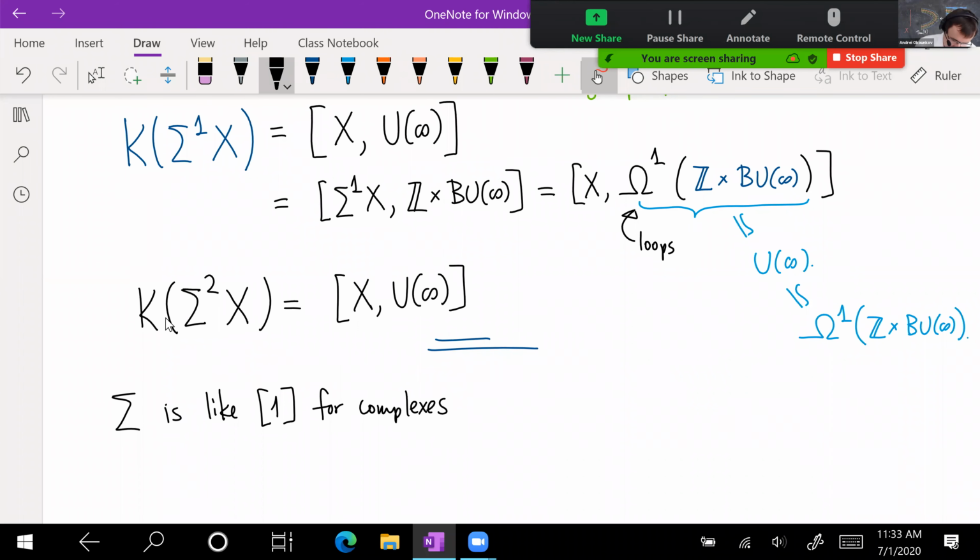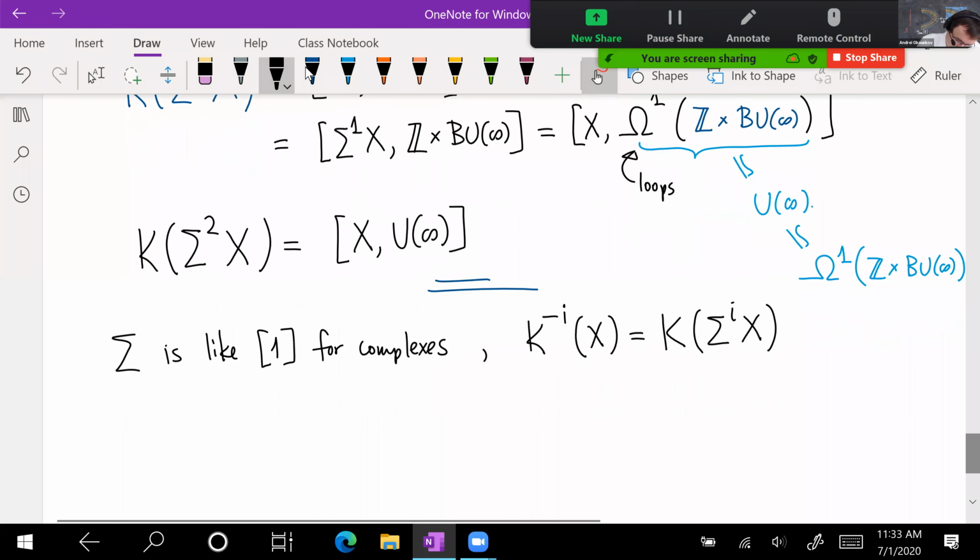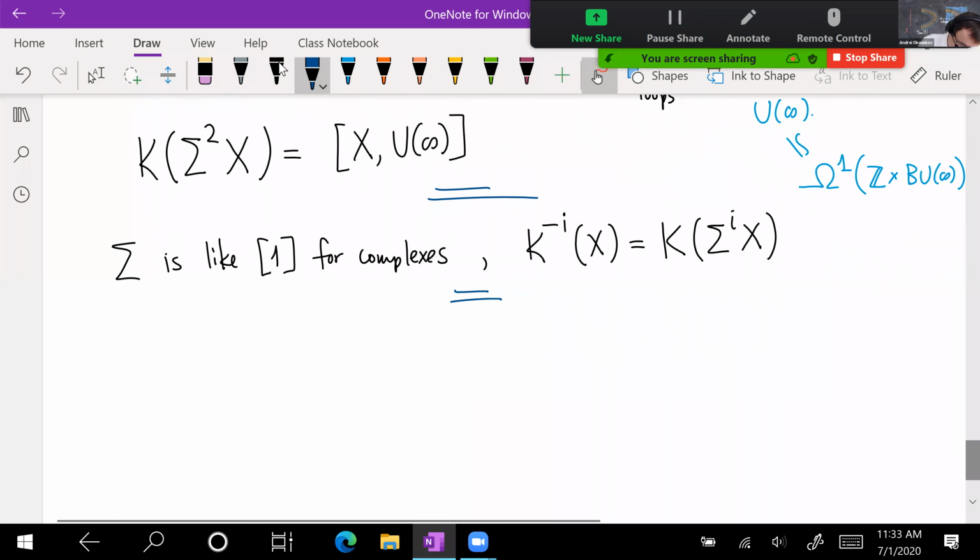And so this means you usually define K, because some cohomology theories are, this is the way the shift goes, K minus i of X, that is the ordinary K zero of the i-fold suspension of X. And so then if we compute, let's take minus 2 of elliptic homology of X. Right?